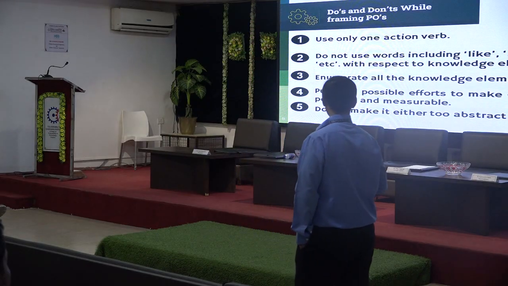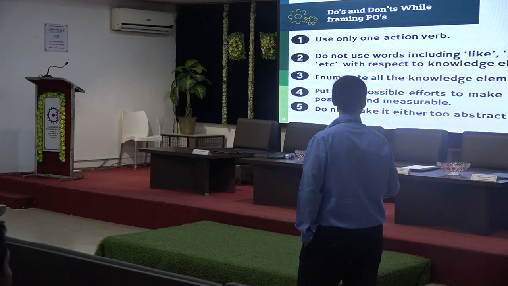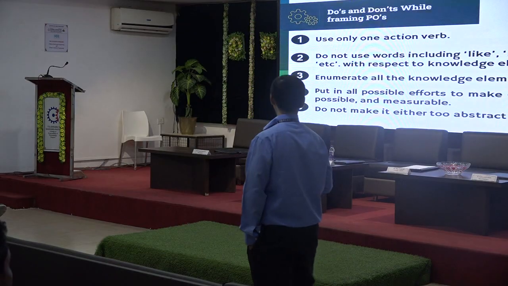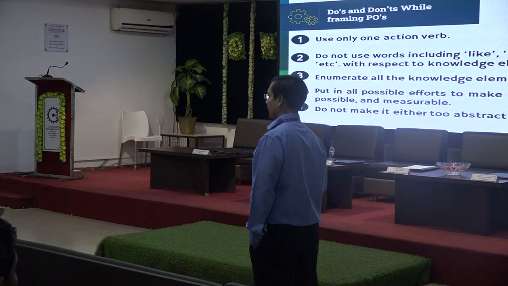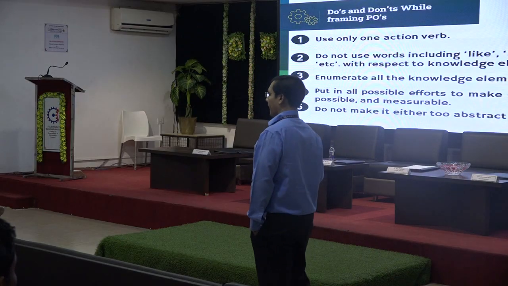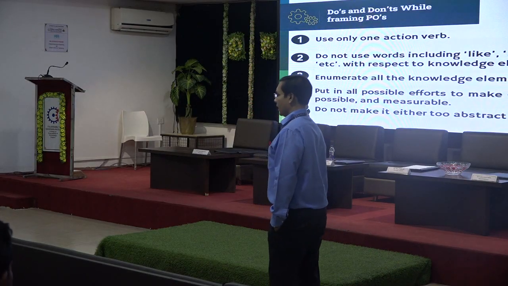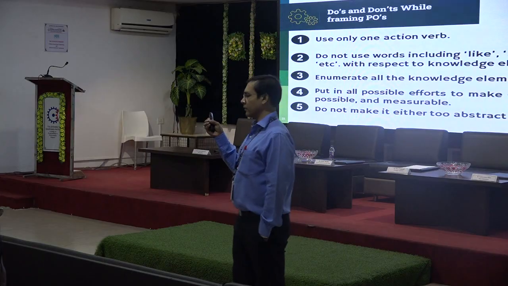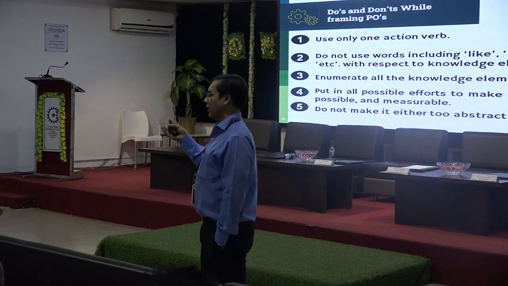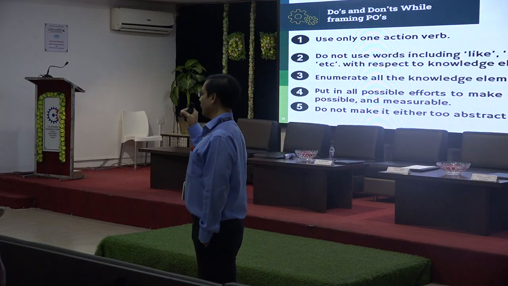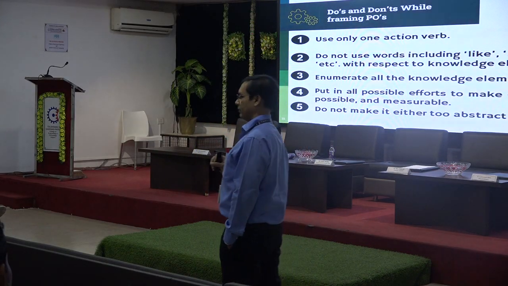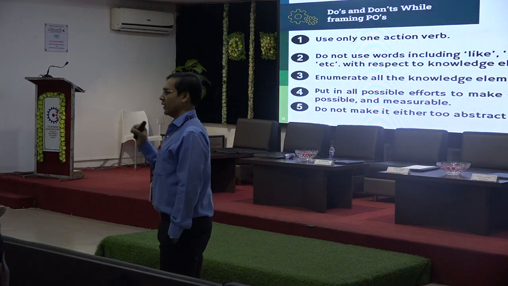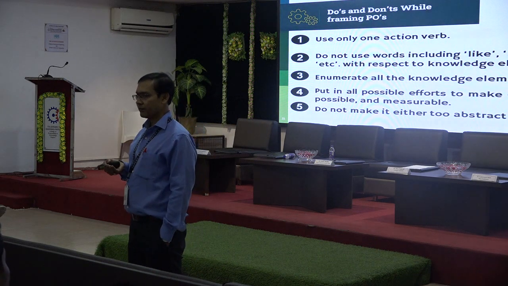Do not use words including like, such as, different, various, etc. with respect to knowledge elements. Okay, so never use ambiguous statements. Like in the previous slide which we have seen, if we would have added determine the root of the given equation using various methods, will it be correct?